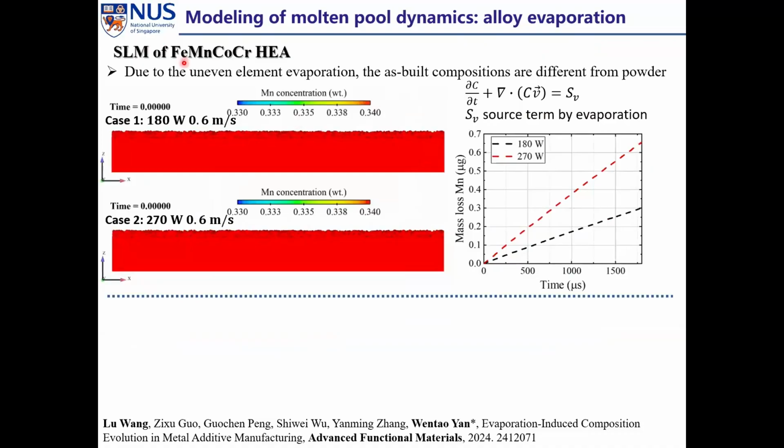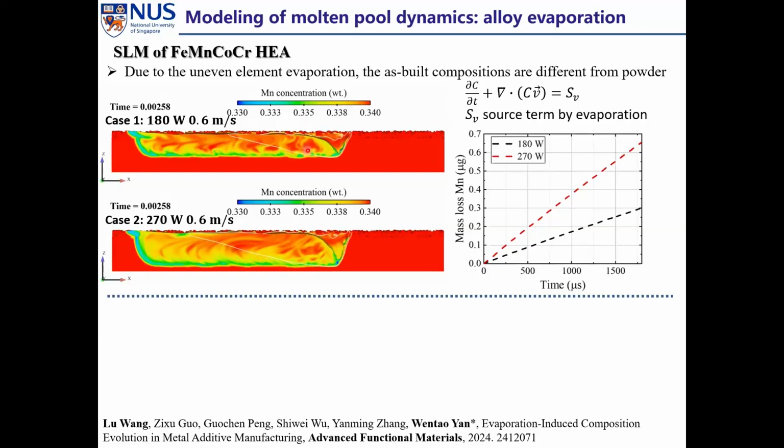This is one high entropy alloy, and we initially assume the chemical combinations in the base plate and in the powder are consistent, are uniform, and we use different manufacturing parameters to do the melting. And you can see because of the strong evaporation, the concentration becomes lower, and different locations have different reduction because different locations will have different temperature.